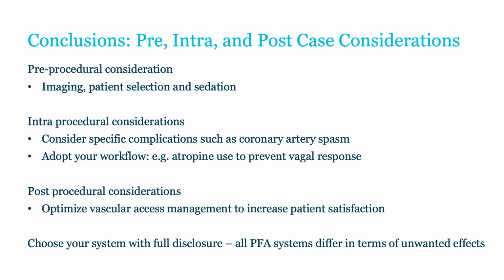The intra-procedural considerations are predominantly considering specific complications, such as coronary artery spasm, that you have to be aware of and have to be able to manage if you start using PFA. And you have to adapt your workflow, for instance, to administer atropine in order to prevent a vagal response.